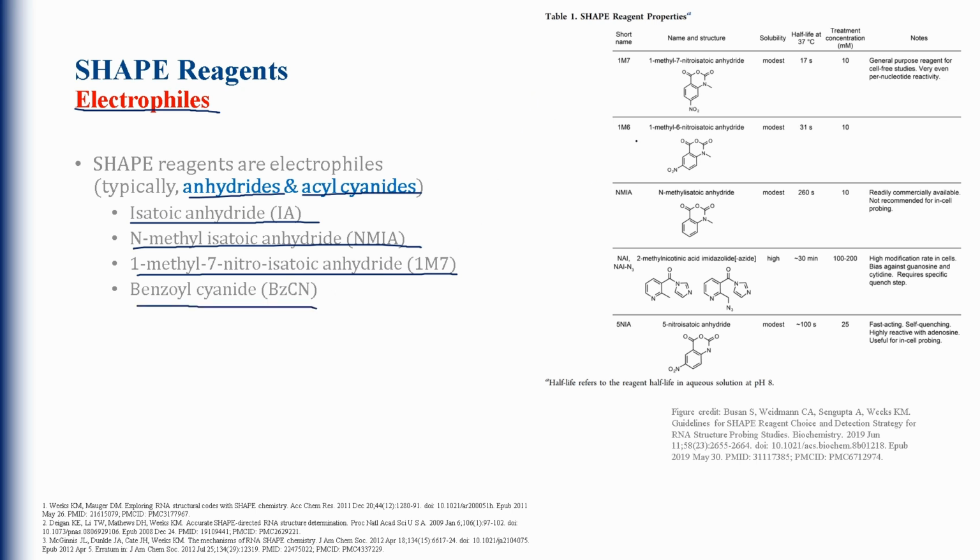Now, what you should keep in mind is that those SHAPE reagents have different uses. Some SHAPE reagents can be used in cell-free studies and others can be used otherwise, as you can see on the figure to the right. So depending on your optimization parameters, you can alter the protocol of your experiment so that it is suitable for your particular project.